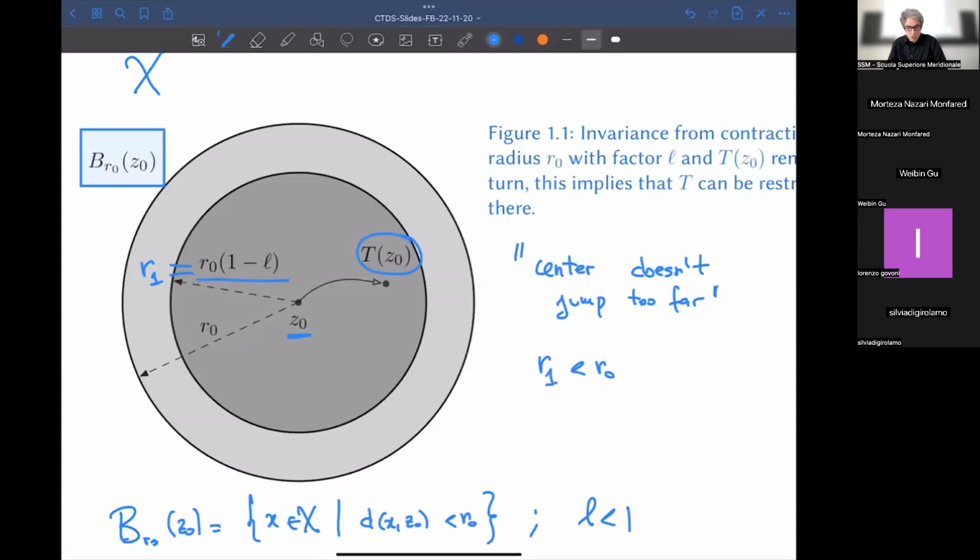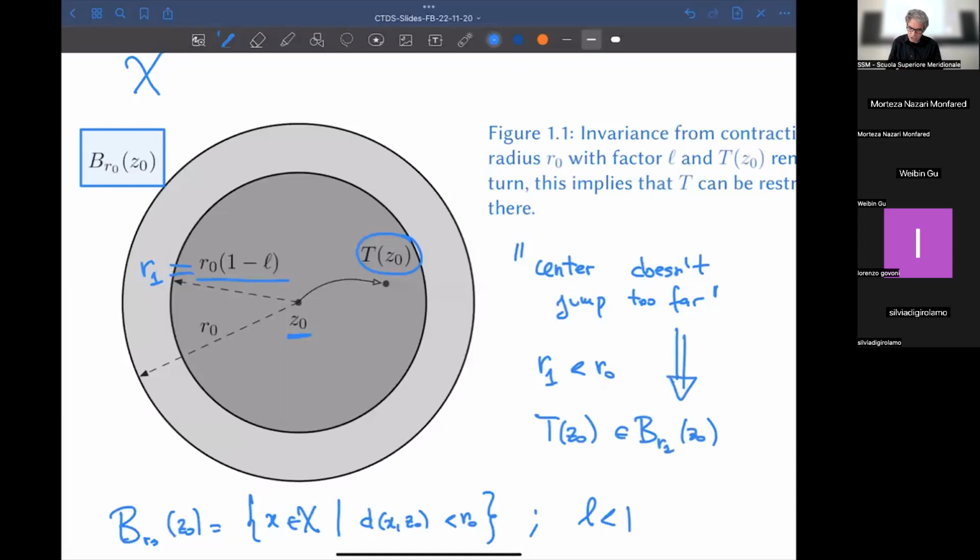So if T of Z0 belongs to the ball of radius R1, centered at Z0, then good things follow. And that's a sufficient condition. This is the mathematical translation of that informal statement.